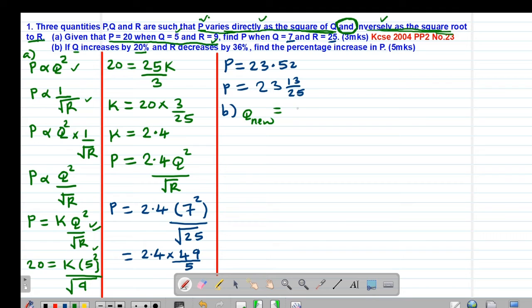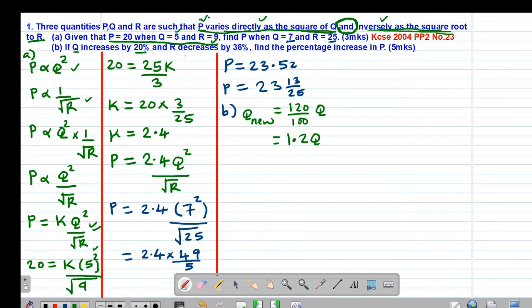So we'll take 120 divided by 100, then multiplied by the original Q. 120 divided by 100 gives you 1.2. So this is 1.2 Q, the new value of Q.